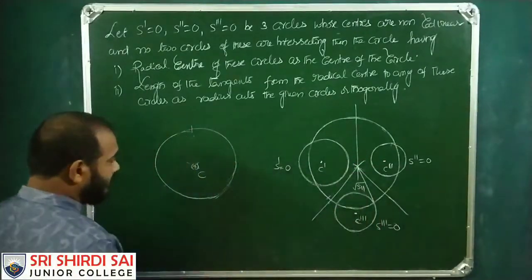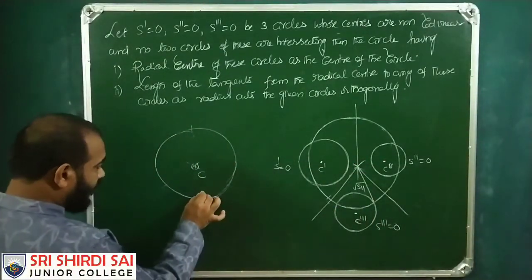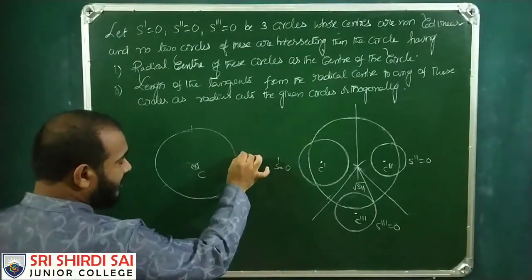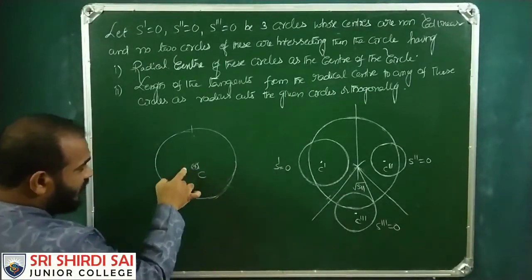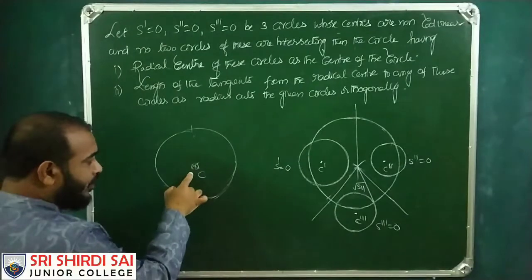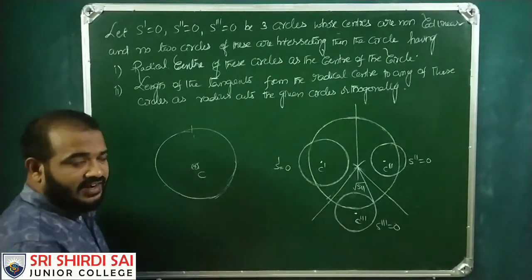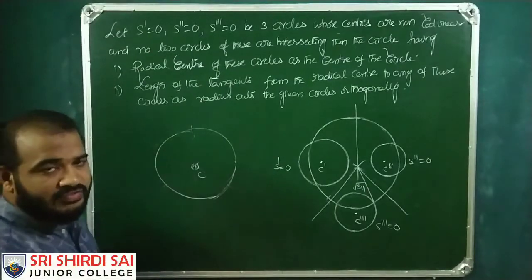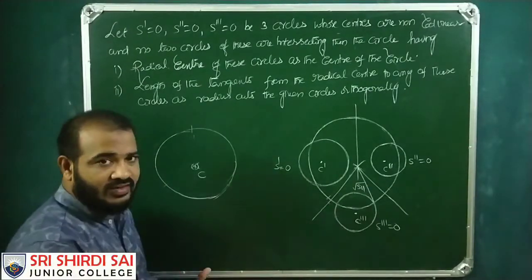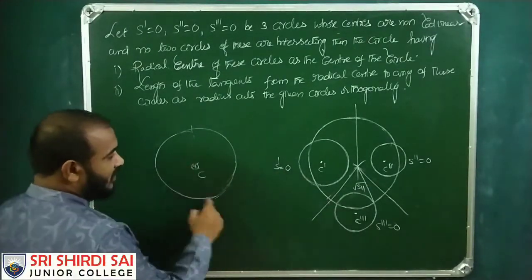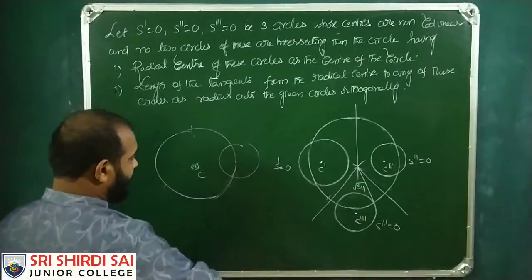Since this is the center of the circle, we need a radius. If h comma k is the center and radius r, then x minus h whole square plus y minus k whole square equals r square, and the circle will be formed. So there are three circles. Let us take one circle at random.